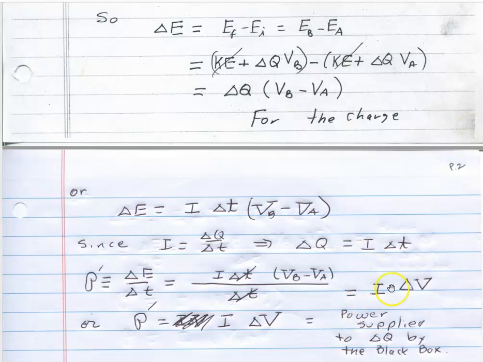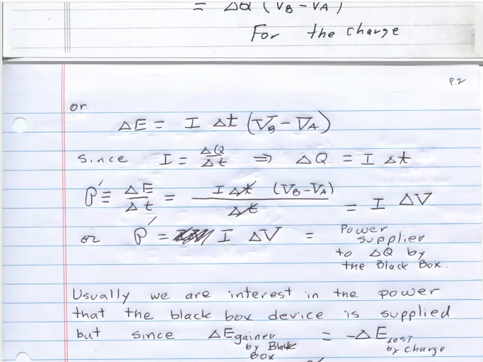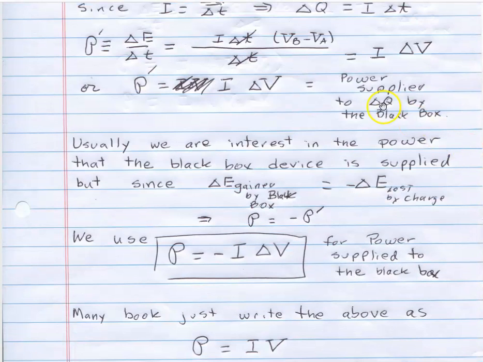I've written that out in some detail there. Power supplied to delta Q by really whatever's inside that box. Delta V could be positive, negative, or zero, depending on if the charge goes from a low to a high potential, or a high to a low potential, or if there's no potential difference at all.